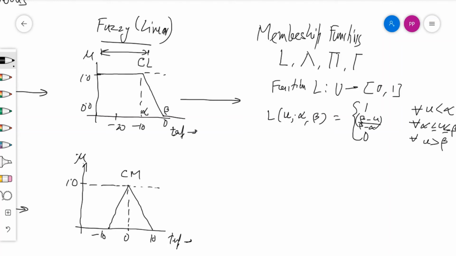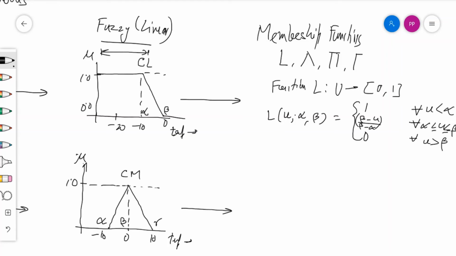Similarly, we can define the membership function for this shape. This is the shape of capital lambda. For capital lambda, we can have 3 parameters other than u, that is alpha, beta and gamma.